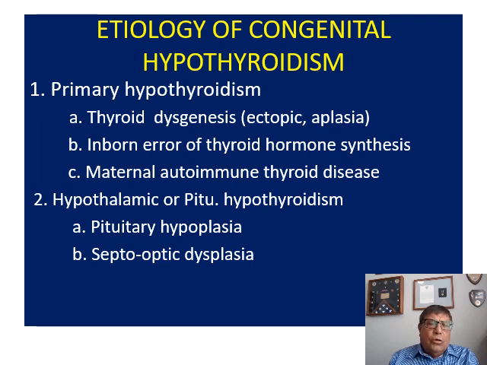What is the other hypothyroidism? Hypothalamic or pituitary, which are rare, but they exist, for example if the pituitary gland has not developed, pituitary hypoplasia, and the other one is septo-optic dysplasia, a midline septal defect.